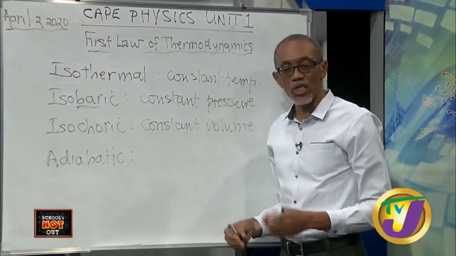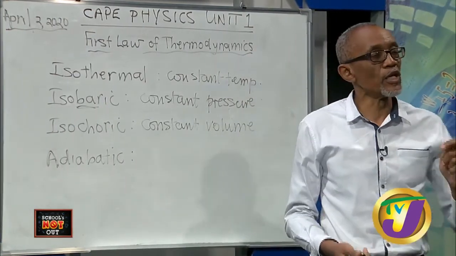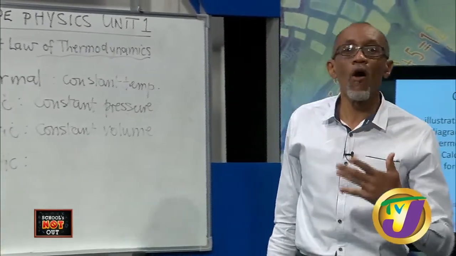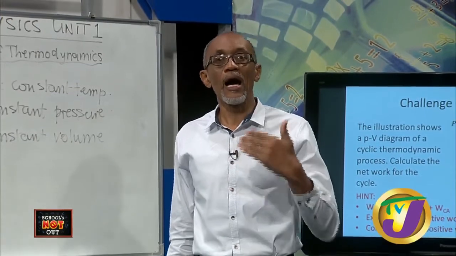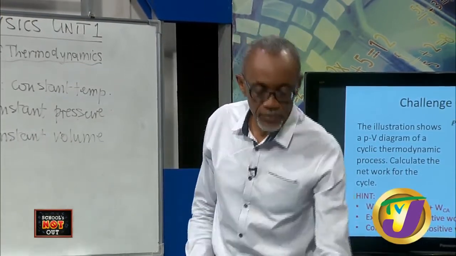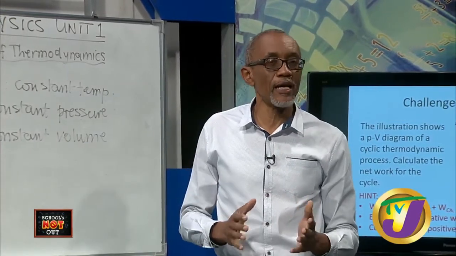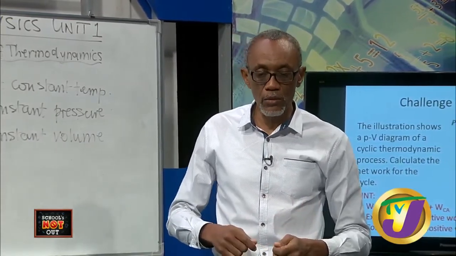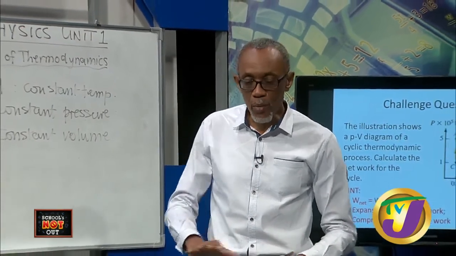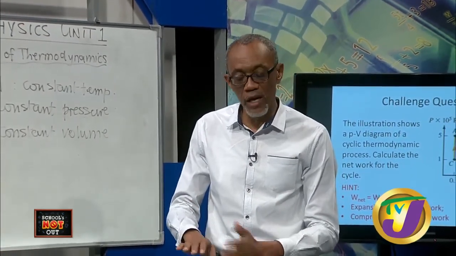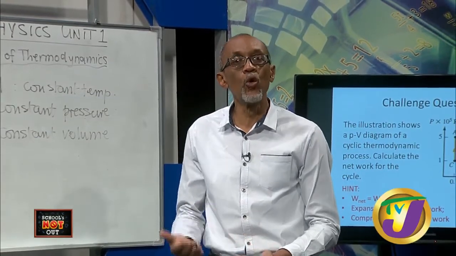An adiabatic change is a change in which there is no exchange of heat between the system and the surroundings. The closest change to an adiabatic change is like when you let air out of a car tire. If you put your hand when you're letting out the air, you will feel that the air feels cool.